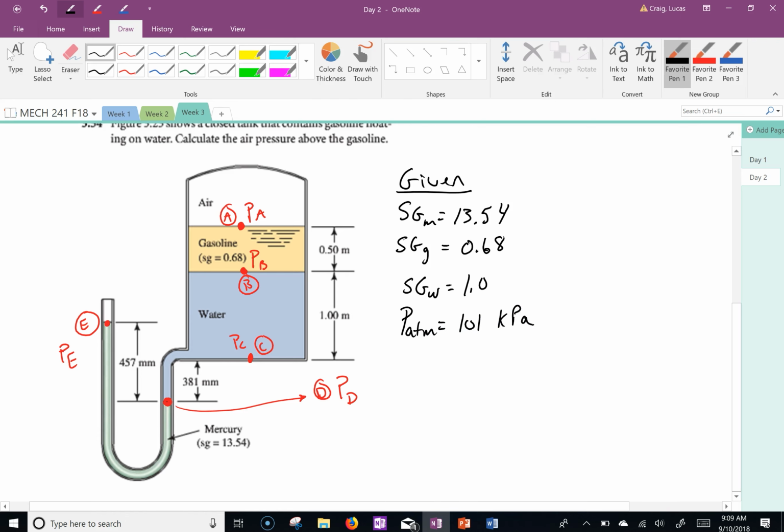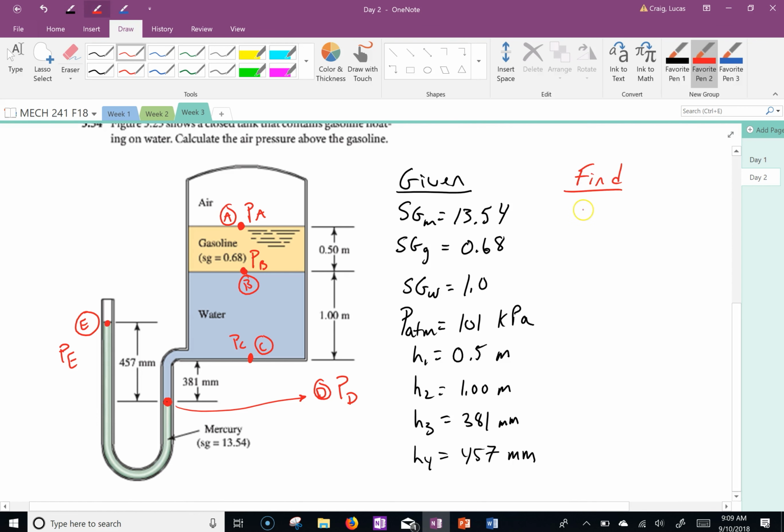And then I think I actually defined H values. And again, I'm going to save room here. Find PA.